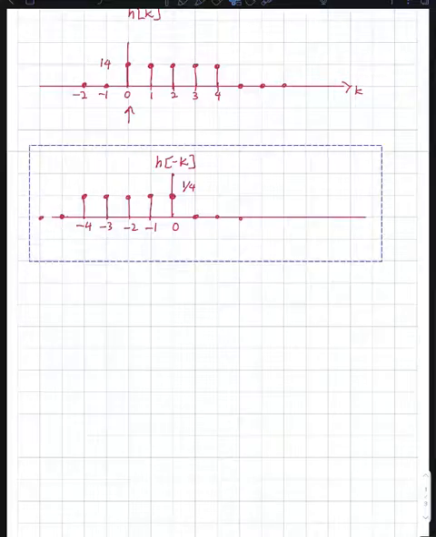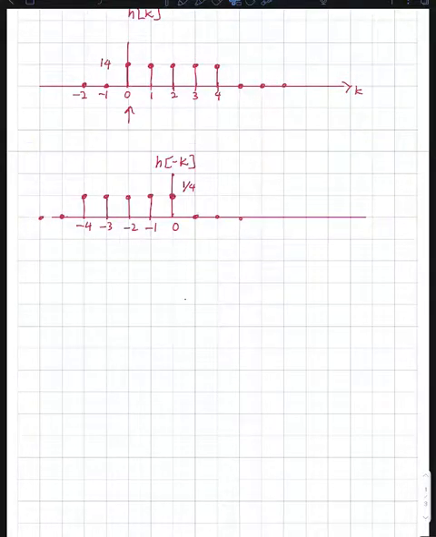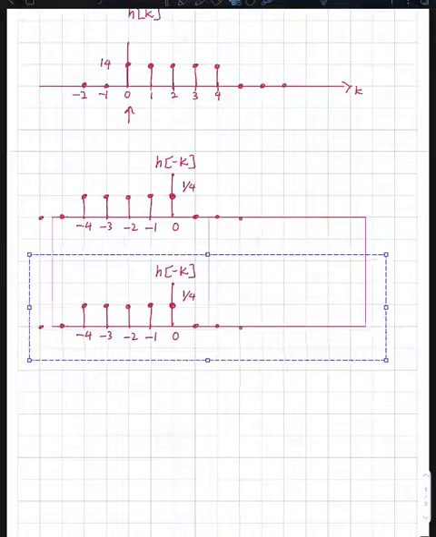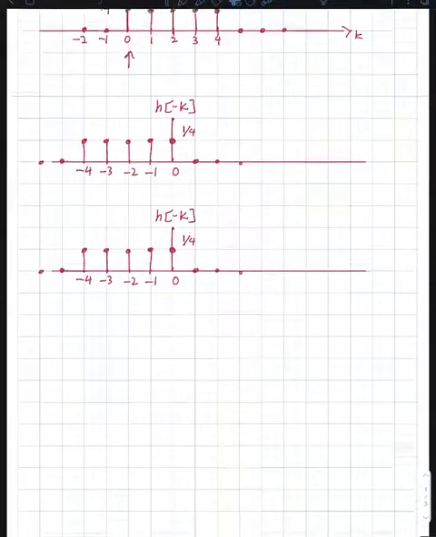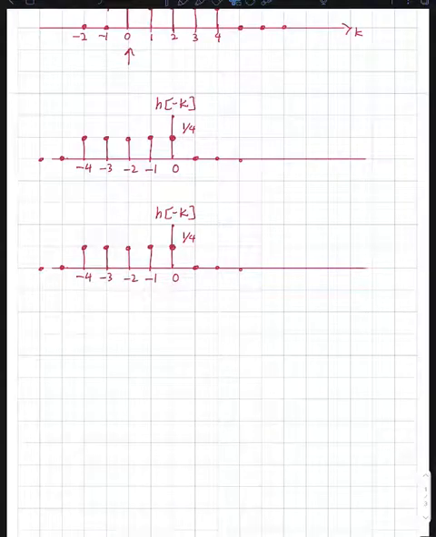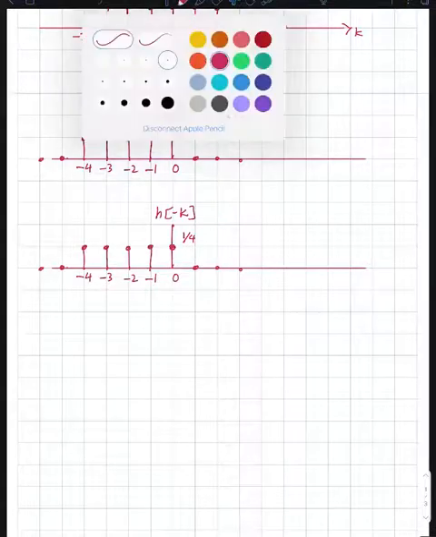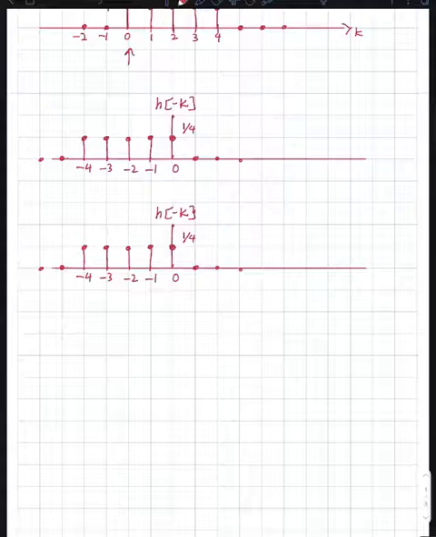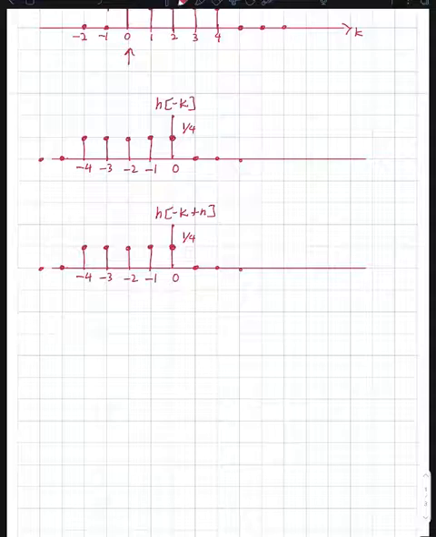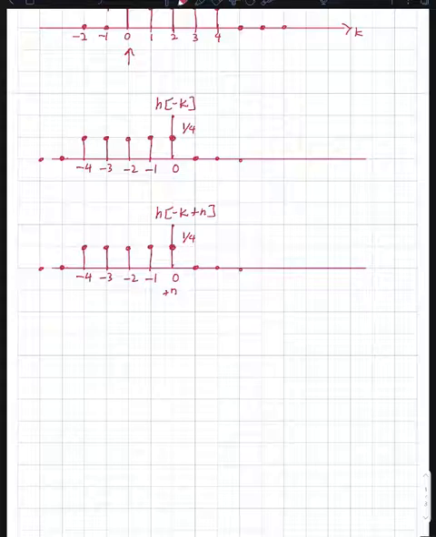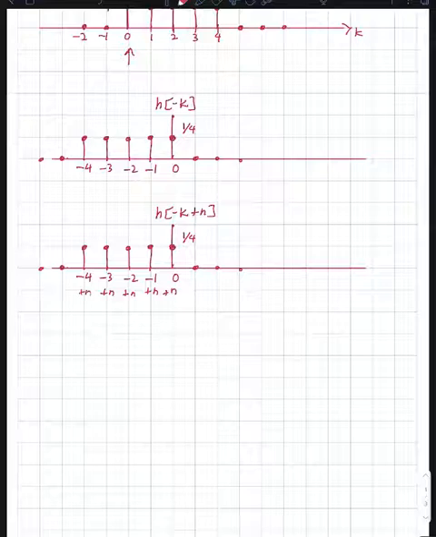Next you can plot h[n minus k], or h[minus k plus n], they are the same. What you're going to do is add n to all of the points, plus n, plus n, plus n. n is like a constant number.